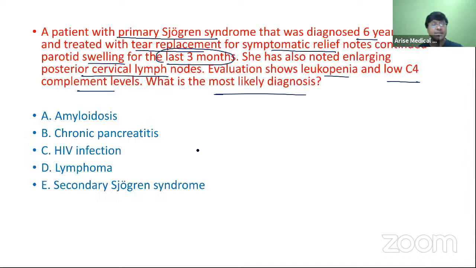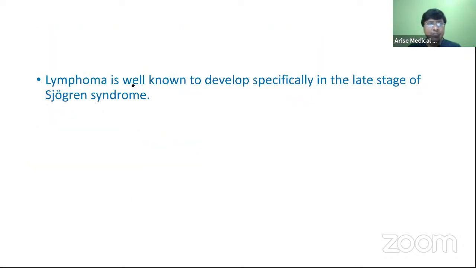Lymphoma is well known to develop in late stages of Sjogren syndrome.